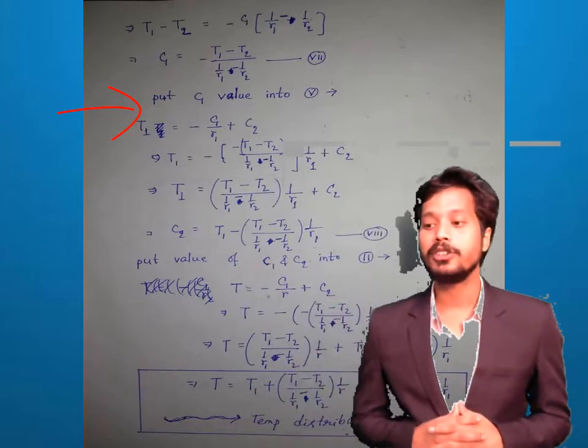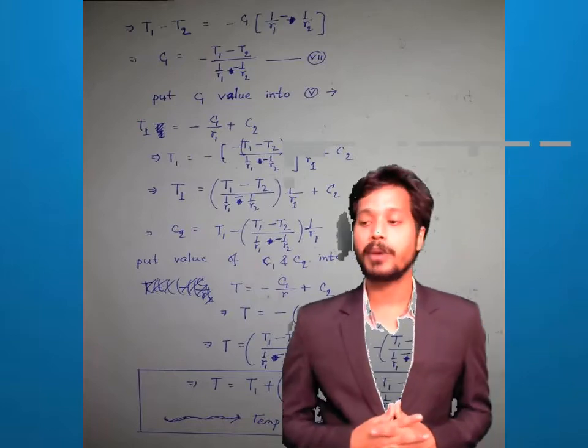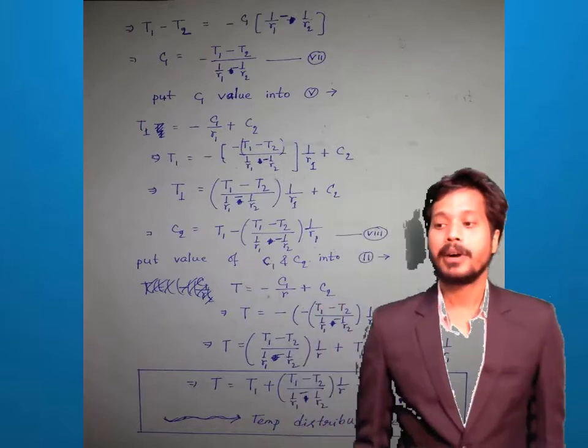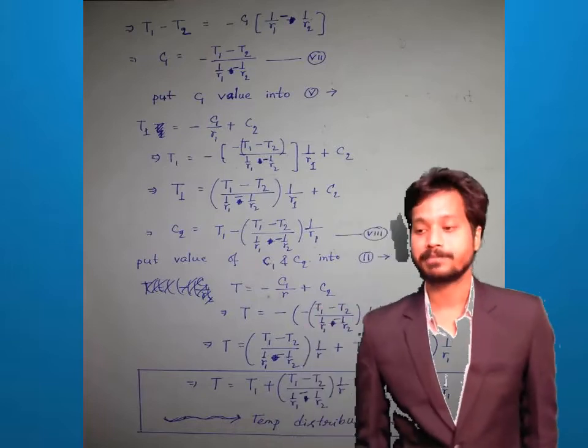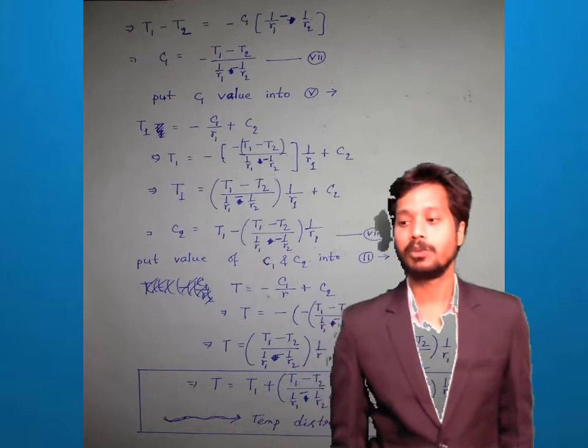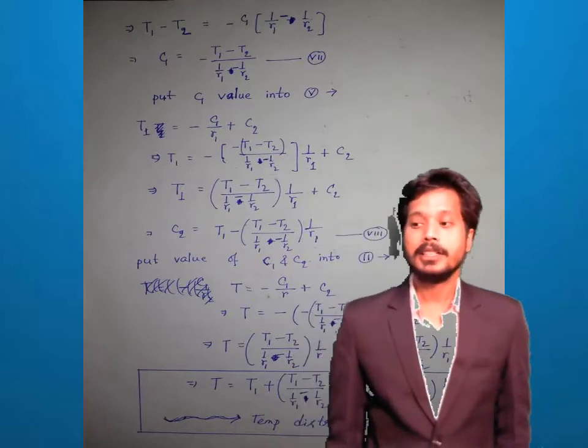Now if I put the value of my C1, it looks like T1 equals minus (minus (T1 minus T2) divided by (1/R1 minus 1/R2)) into 1/R1 plus C2.